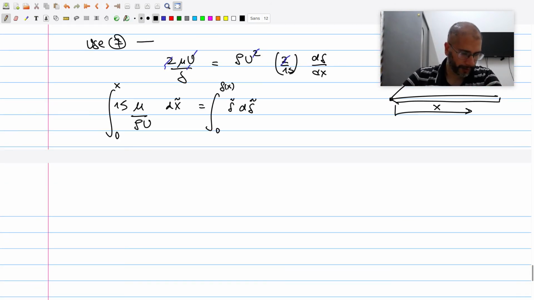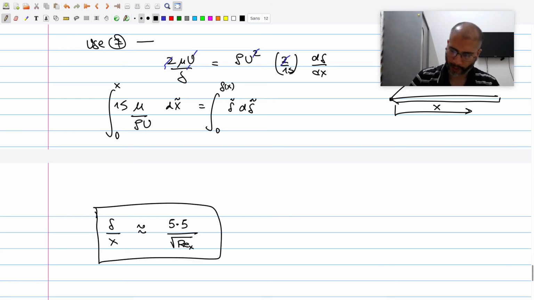Right, so we solve this, and I'll simply give you the final answer. So delta by x from the solution will give us 5.5 divided by square root of Reynolds number based on x. So this is what we get from von Karman analysis by assuming a parabolic profile for laminar flow situation. This is an expression for finding the boundary layer thickness delta.